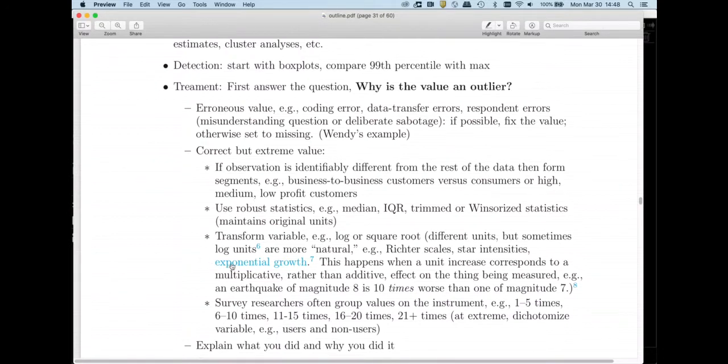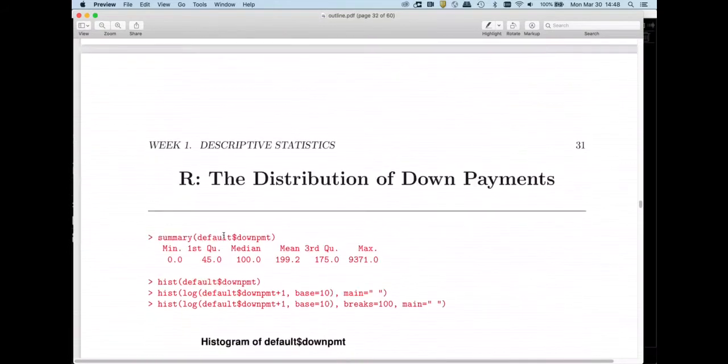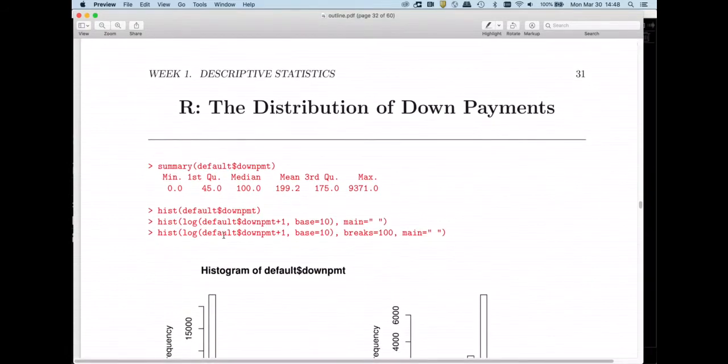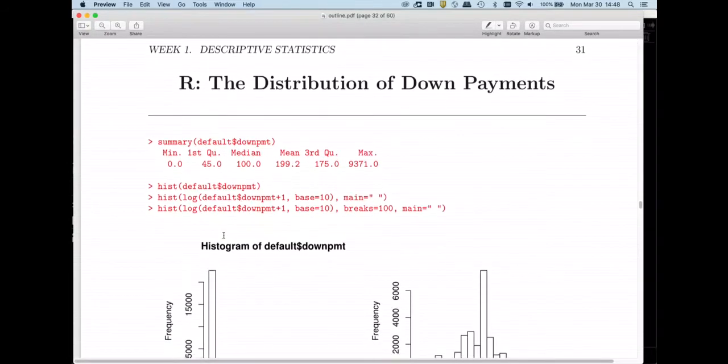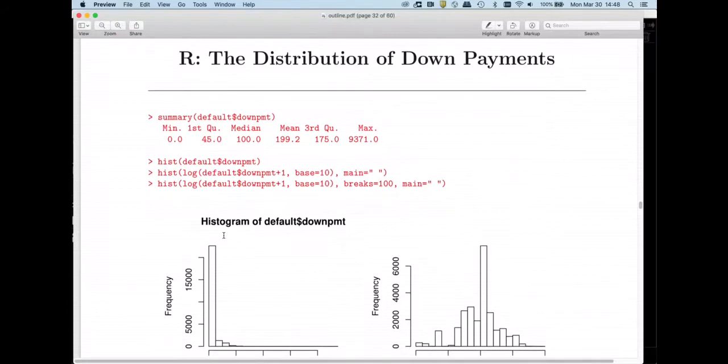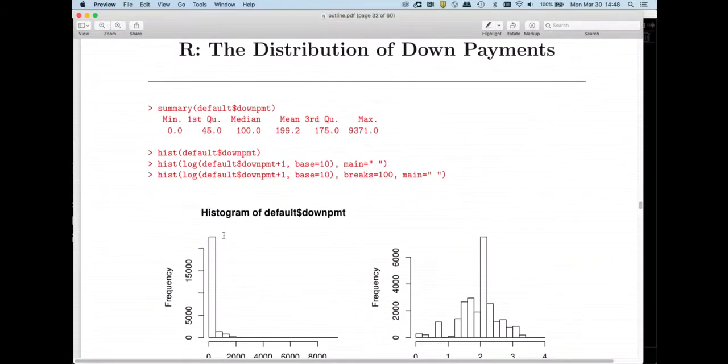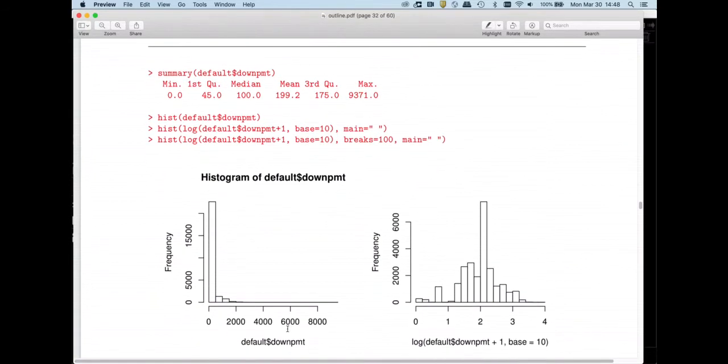Another approach is to transform the variable. So the most common transformations are logs or square roots. So just as a quick example, if you go to the next page, you're going to be doing a lot with this data set on your homework, but this is the fitness club example, and I've generated a histogram of the down payment amount.